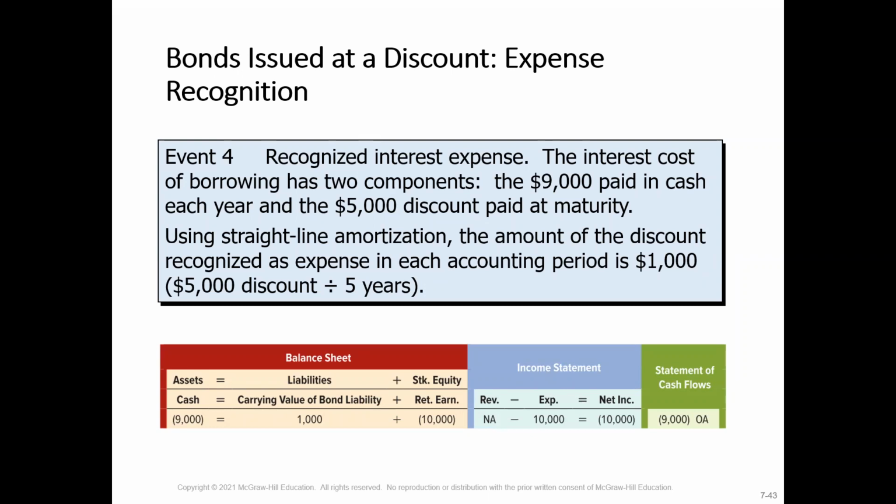So if you have bond discount or bond premium amortized using straight line method, you've got the same interest entry every single interest payment. So it makes life a little bit easier. So we're going to also recognize as interest expense with each interest payment a portion of the bond discount.